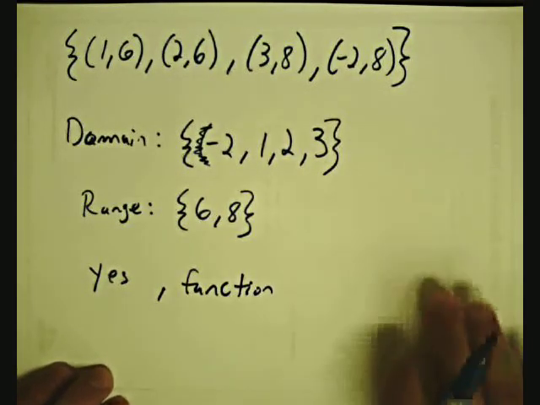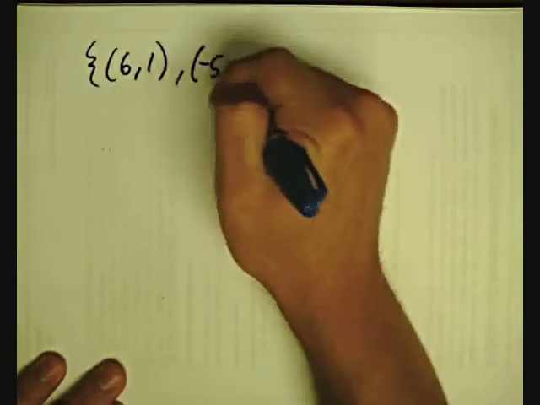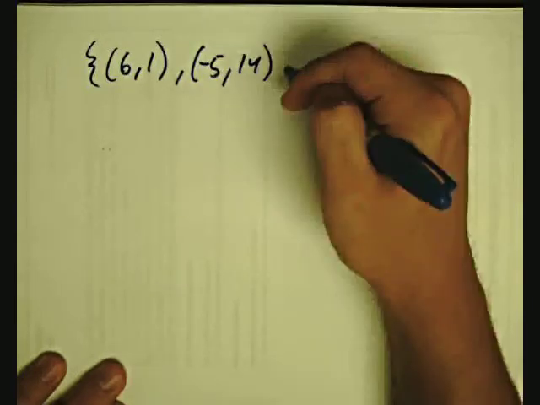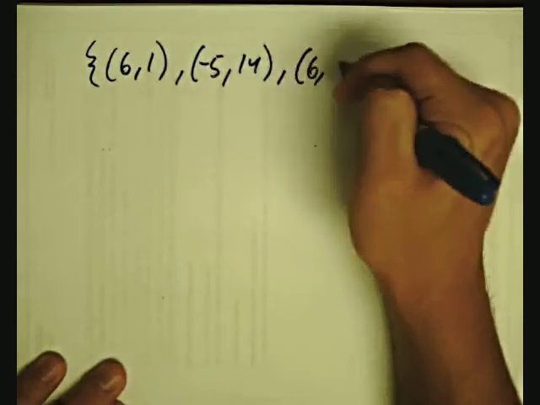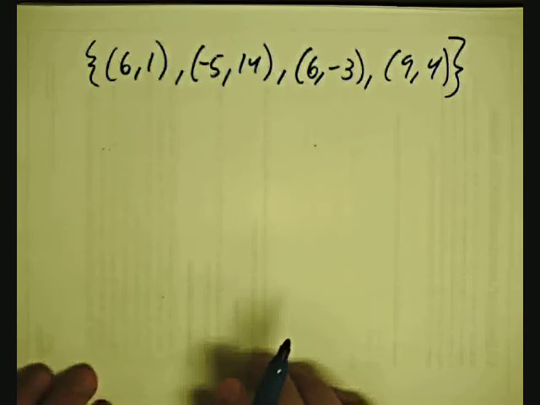Example 1b, we have (6, 1), (-5, 14), (6, -3), (9, 4). So let's start with the domain and range again, like on the last one.